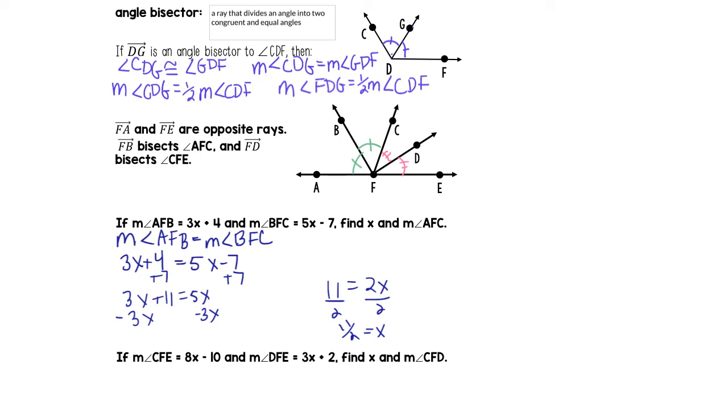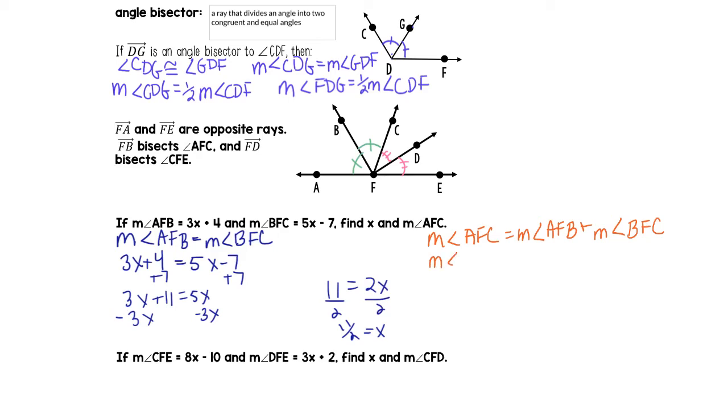We know that the measure of angle AFC is equal to the measure of angle AFB plus the measure of angle BFC.